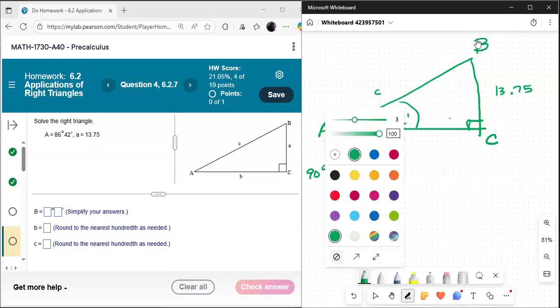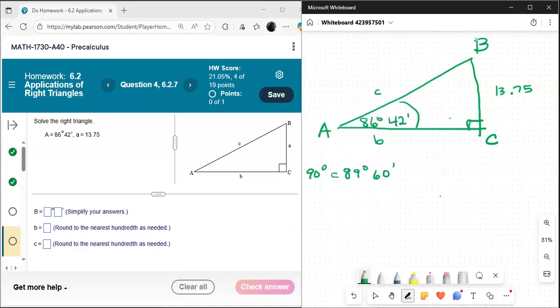We're going to subtract the known angle, 86 degrees, 42 minutes. And so we have 18 minutes left, and 9 minus 6 is 3. So we have 3 degrees, 18 minutes for B.